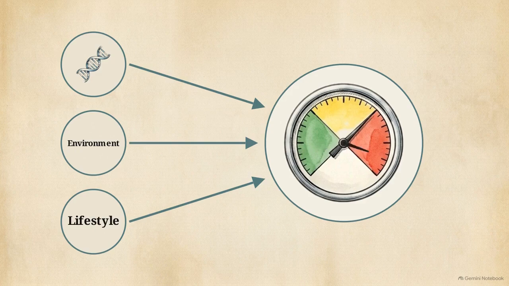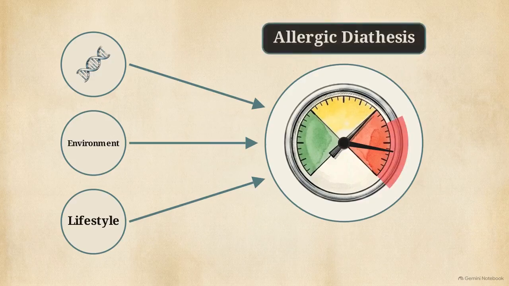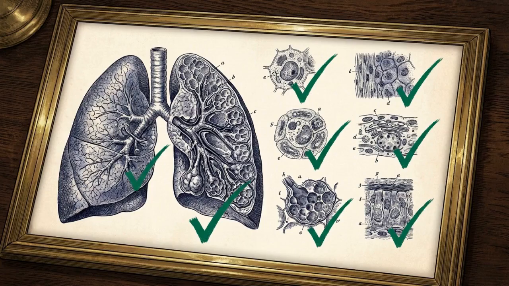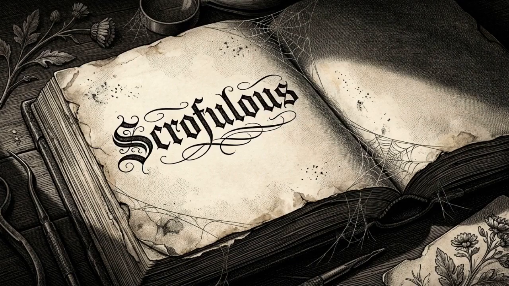The matrix synthesizes this data, resulting in a clear classification, an allergic diathesis. Modern clinical terminology focuses on clear mechanisms like allergic or autoimmune tendencies. This replaces outdated historical text categories, like scrofulous or tubercular, formulated before the advent of modern genetics.